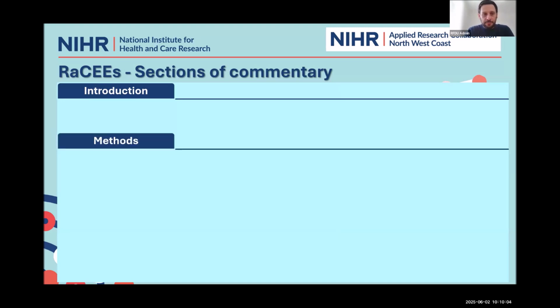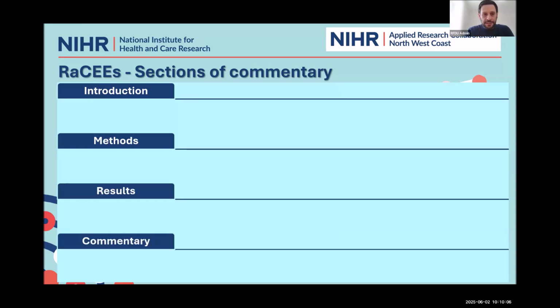Typically, we will have 4 sections which we are going to work on: the introduction, the method, the results, and a commentary discussion section at the end. So this is an academic paper which is going to be quite short. Usually we write it using 2,500 words or even less sometimes, depending on the specific journal's requirements.